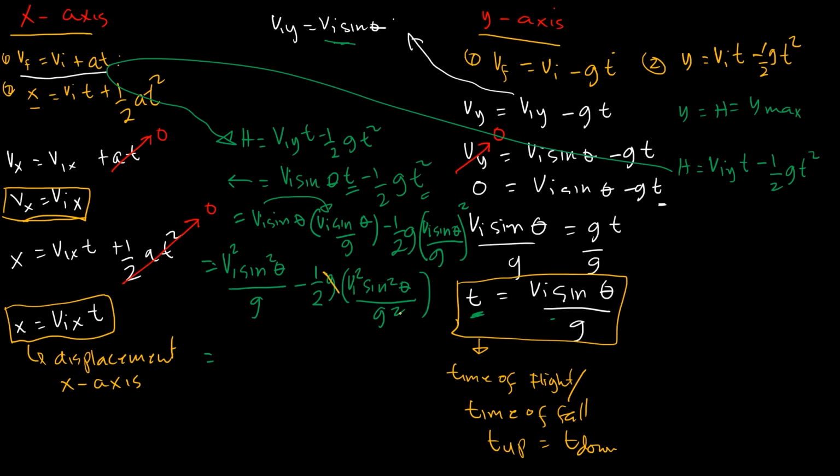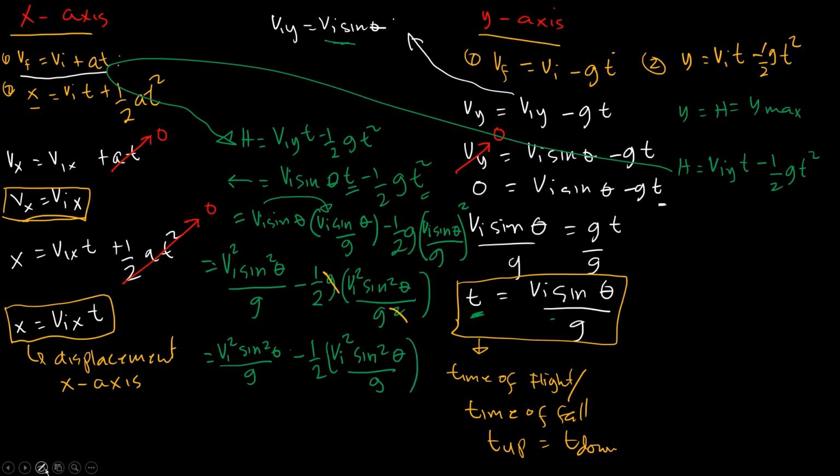So this becomes v sub i squared sine squared theta divided by g minus 1/2 v sub i squared times sine squared theta divided by g.